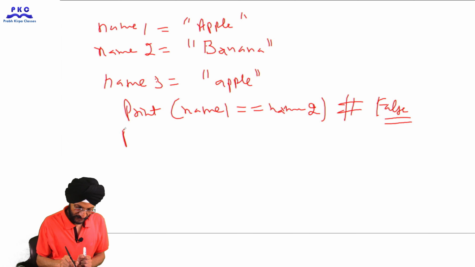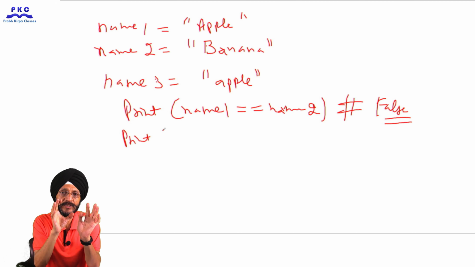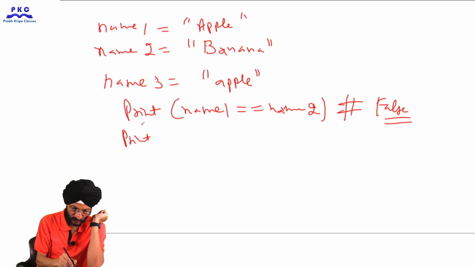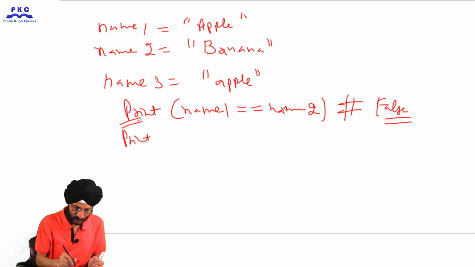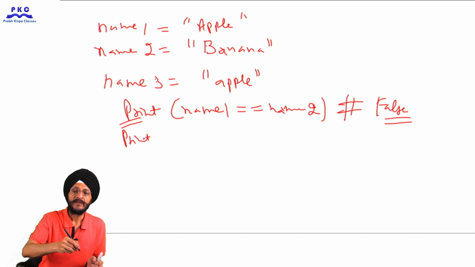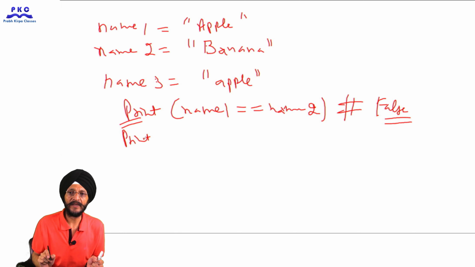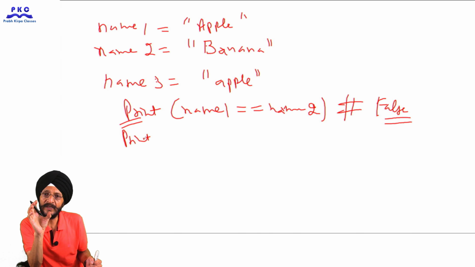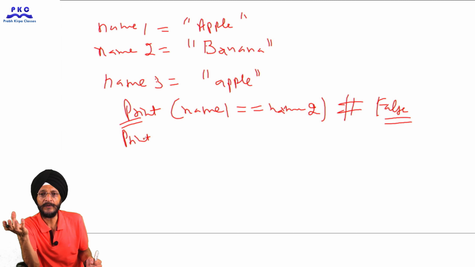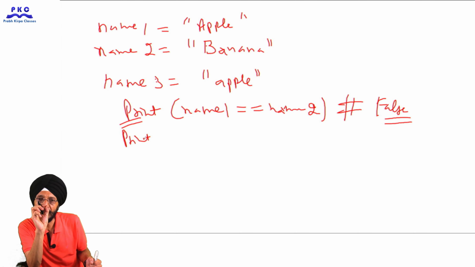Next, when we are using the print function, please note that though I am writing P in capital letter, it has to be in small letter. It is only while writing here that we are using uppercase. When we write it in the code editor, we will write print with a lowercase p.